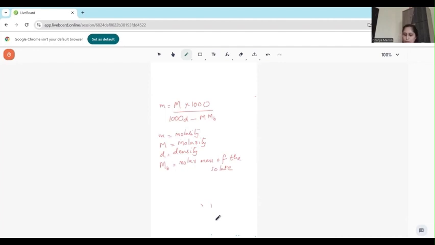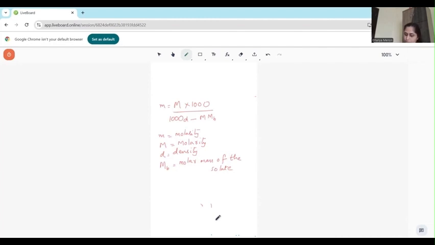Okay, let's do a question from here. This is the relationship: small m is the molality, equal to molarity times 1000 by 1000 d minus molarity times molar mass of the solute. Now I'll keep this relationship here and write a question.